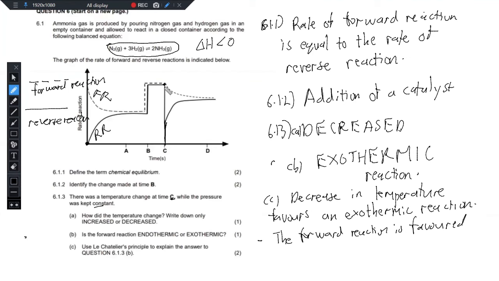Look at the reverse reaction. At C, there is a huge decline on the reverse reaction. But what happens to the forward reaction? We can see it just smoothly gliding over there. So this decline indicates that the reverse reaction was not favored, and what was favored is the forward reaction.